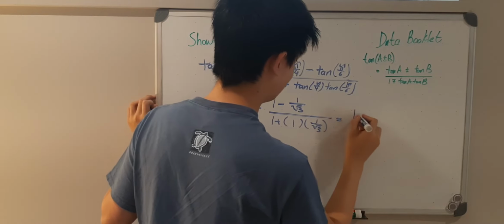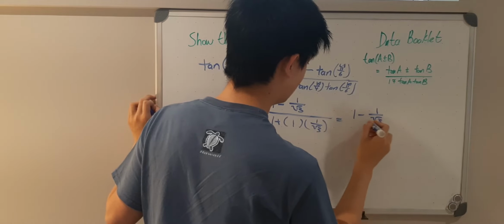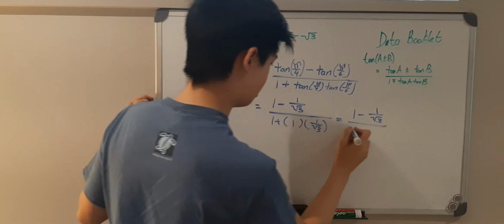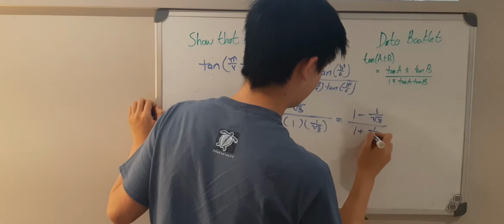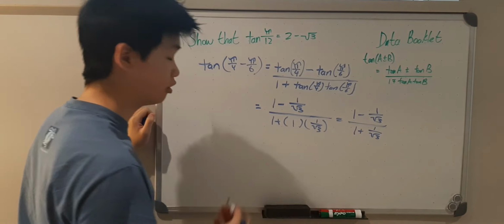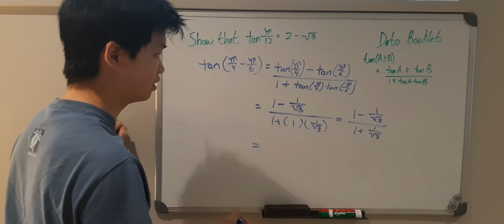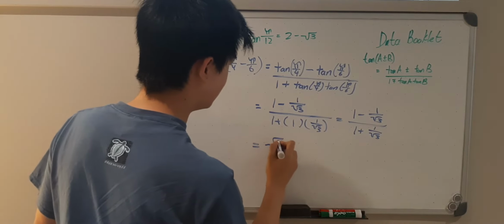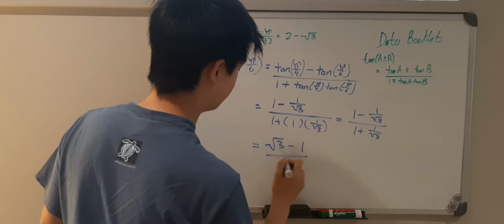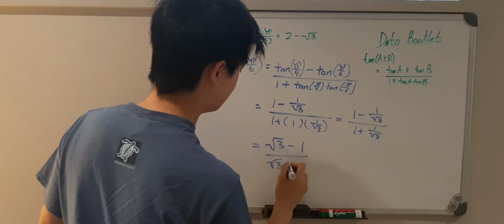That would equal 1 minus 1 over root 3, and then 1 plus 1 over root 3. Okay, now we can multiply by root 3 on both sides. So root 3 minus 1 over root 3 plus 1.